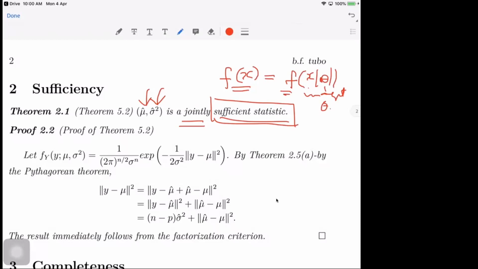So ibig sabihin the information enough siya for the sample. Pwede ra ang samples kay ang conditional distribution niya on theta is independent of theta. Ibig sabihin ang final conditional distribution niya dili siya function of the parameter theta. So sufficient. No? That is the formal definition. Sufficient siya. So based lang sa random samples, enough.